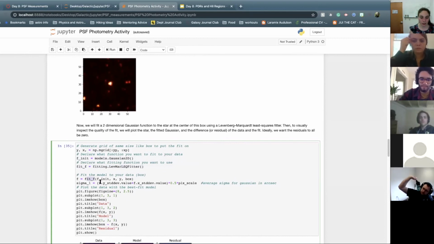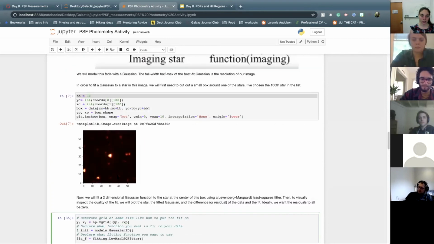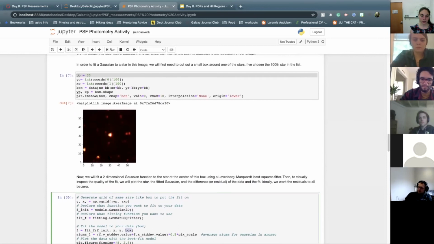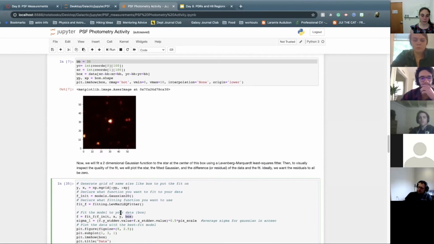So use that fitting function and the model of a Gaussian, because we know we want it to look like a Gaussian, to create a model in this XY space that fits our box, the data in this box. So X and Y is just an empty box that we're going to put a new model in that will hopefully look like a 2-dimensional Gaussian.